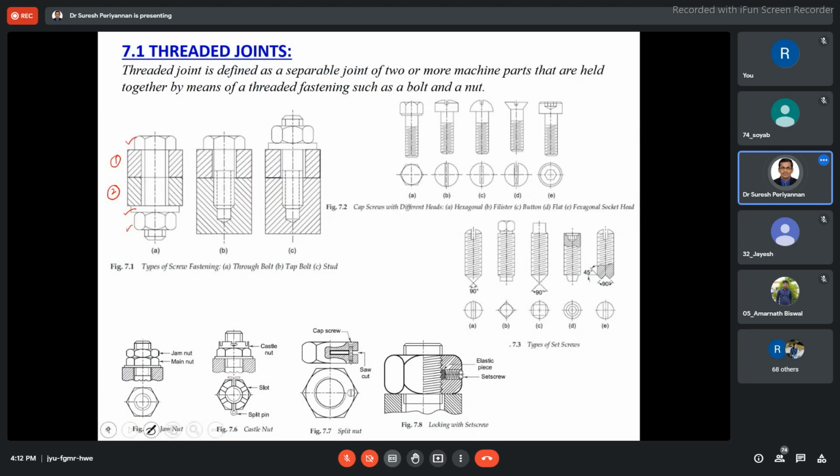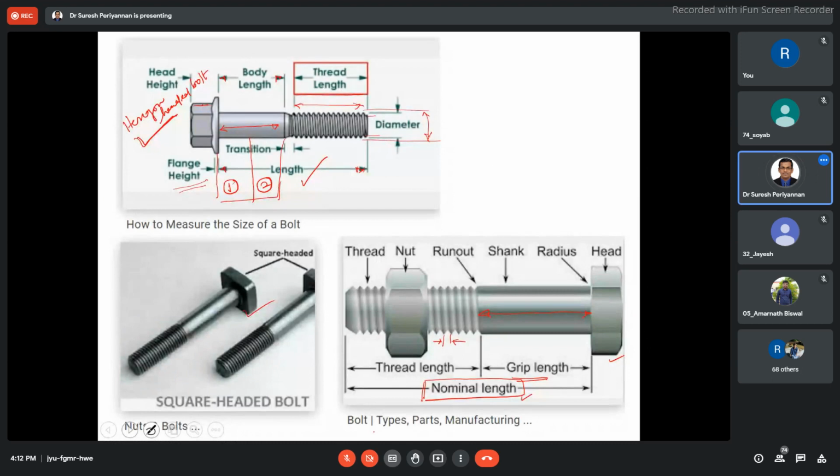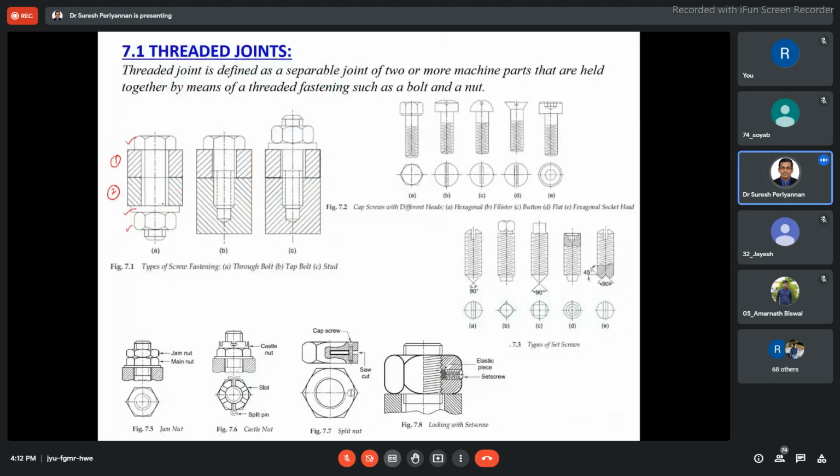This region is the body length, or the total thickness of the components. Now this is called a shank, S-H-A-N-K. It is a plain cylindrical region, and in geometry it should be a cylindrical rod.